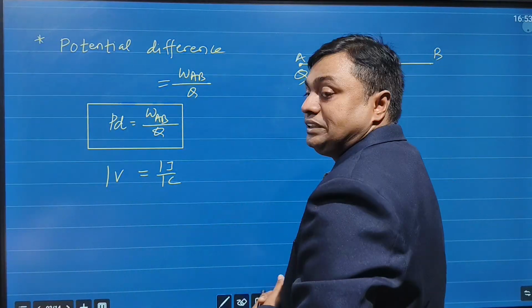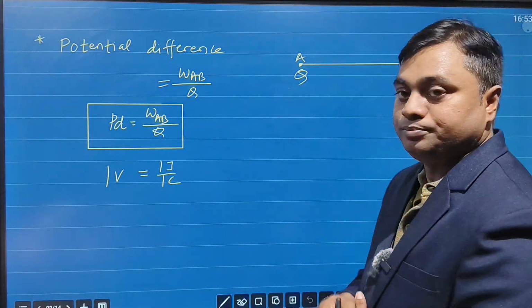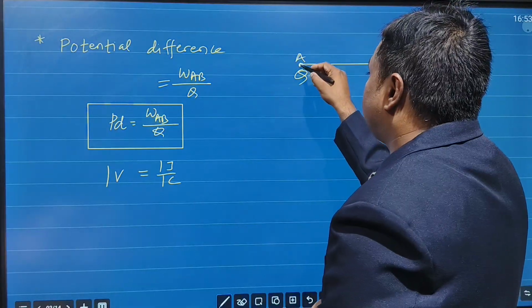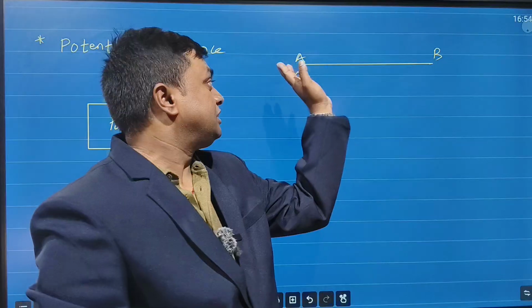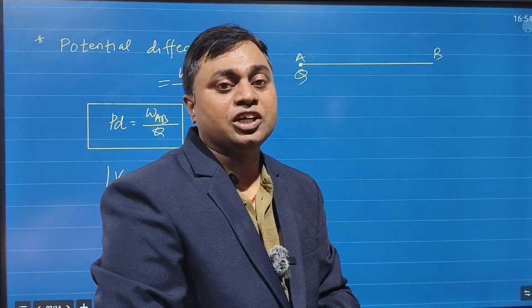Next, we talk about potential difference. Potential difference is with respect to 2 points, A and B. Let's take a charge Q which is present at A. I want to move this charge Q from A to B. To move this charge, we have to do some work.